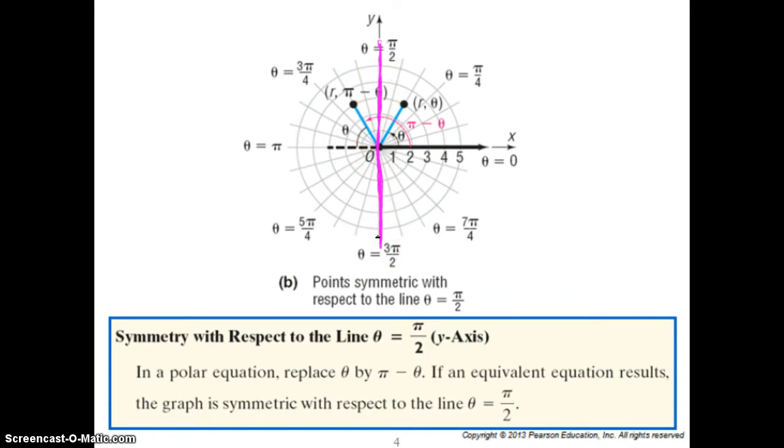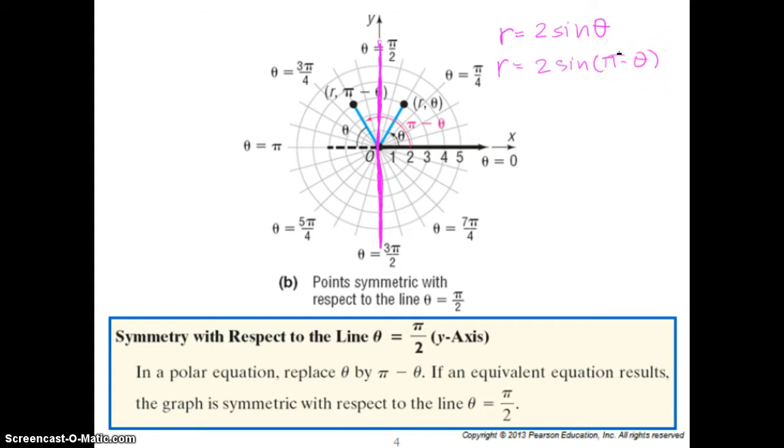Okay, so when you're testing for symmetry with respect to the line theta equals pi over 2, you're going to replace theta by pi minus theta. So again, in our example problem, r equals 2 sine theta, we're going to replace theta with pi minus theta. So r equals 2 sine pi minus theta.